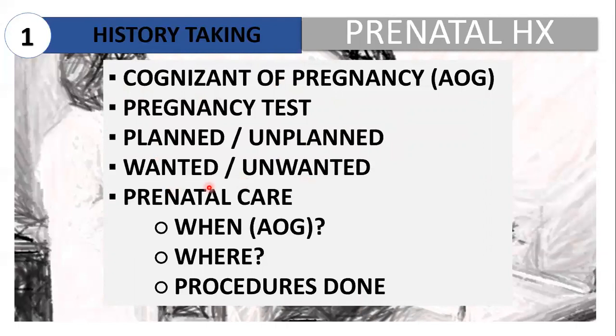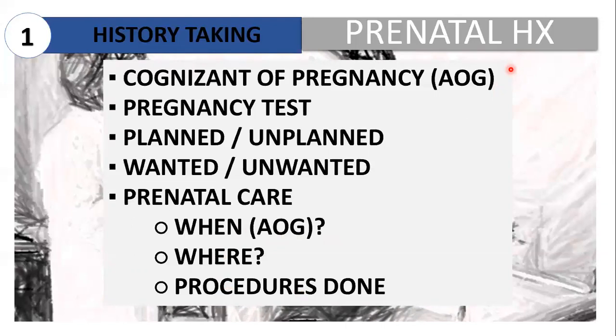And as for the prenatal care, when was it initiated? At what age of gestation? Where? At a health center or a private clinic? And what were the procedures done to the mother at the prenatal care? Did she get urinalysis or complete blood count or ultrasound? So all of those data should be asked in the prenatal history, especially for pregnant patients.